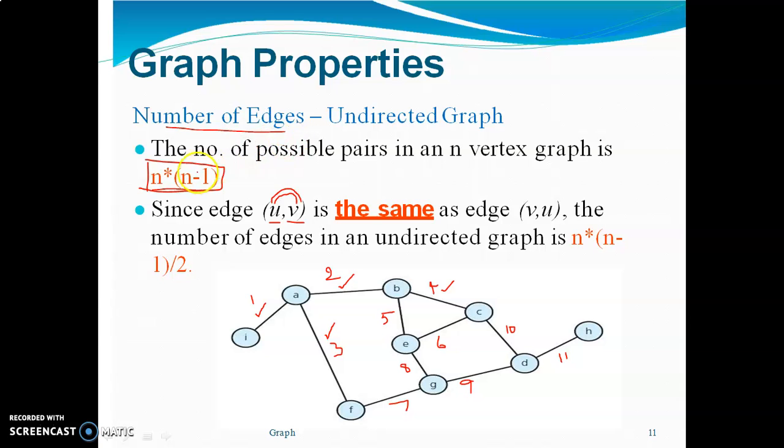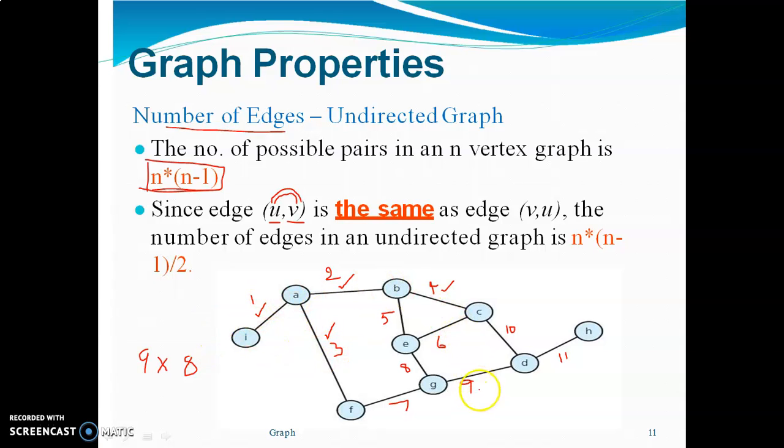Whenever we apply the formula n into n minus 1, n is the number of vertices A, B, C, D and so on, that is 1, 2, 3, 4, 5, 6, 7, 8, 9 vertices. We have a total of 9 vertices, so 9 into 9 minus 1, which is 9 into 8, is 72.